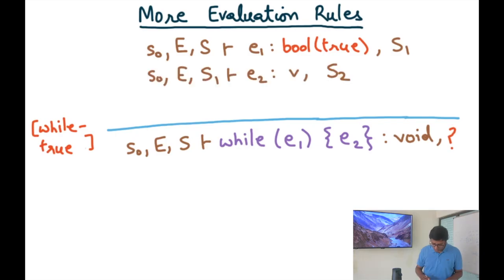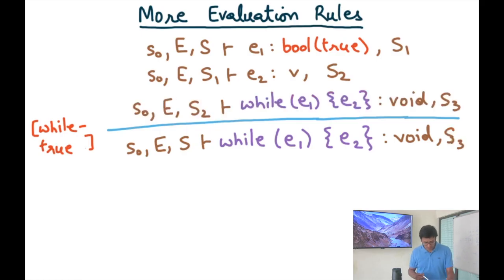All right, and so that's what the rule is going to be in our big step operational semantics. And so the rule is that you first evaluate E2 under the updated store S1, which was updated due to evaluation of E1. So you evaluate E2, and let's say E2 gives you a value V comma S2. Now the value is not so meaningful because the value returned by a while expression is just void. So we'll just ignore the value, but we're going to use S2, and in the new updated store S2, recompute the whole expression while E1 E2 again.